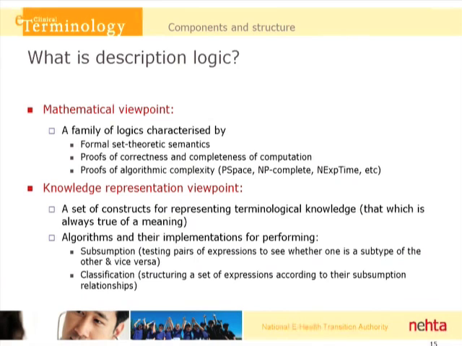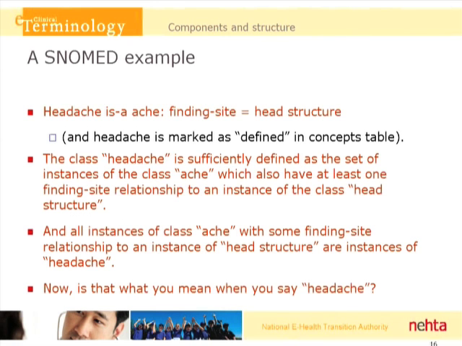And of course, we want to have algorithms and implementations of those algorithms so that we can test pairs of expressions to see whether one is the subtype of the other and vice versa, so that we can classify and structure a set of expressions according to their subsumption relationships. So here's an example.